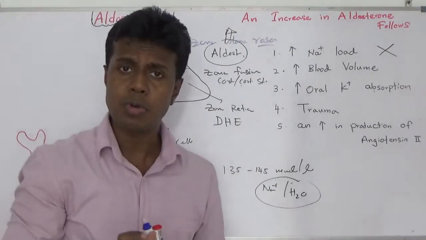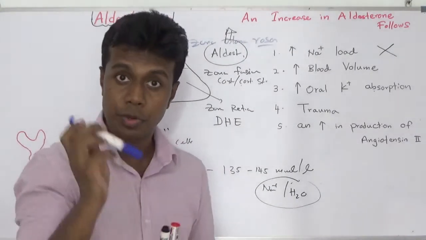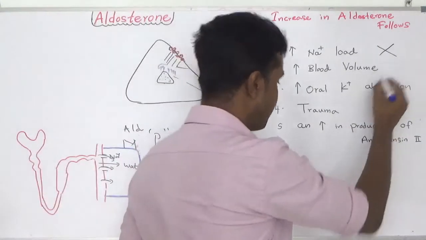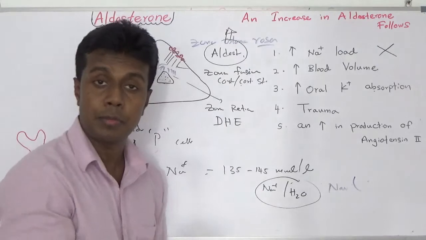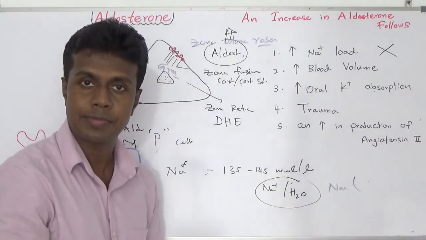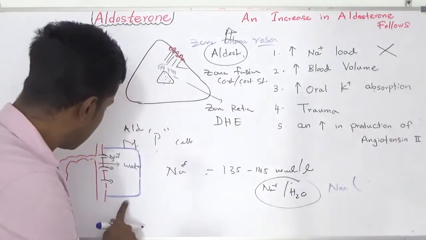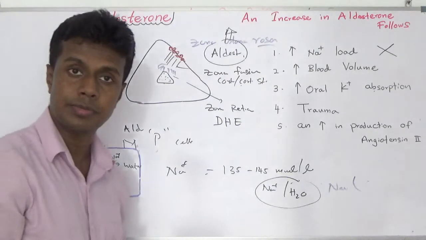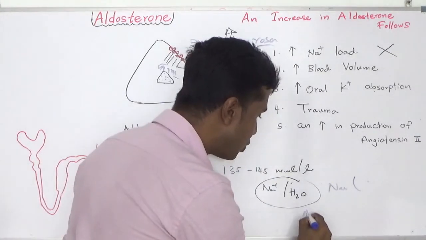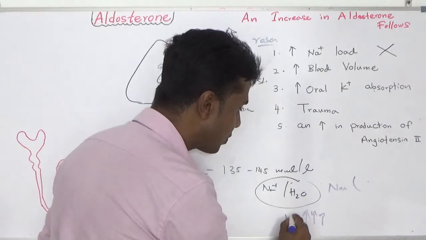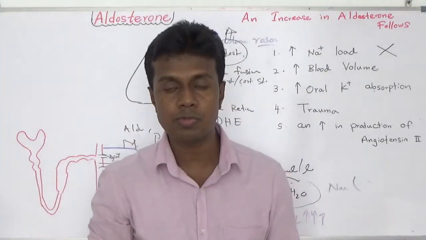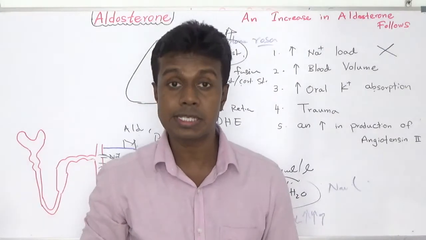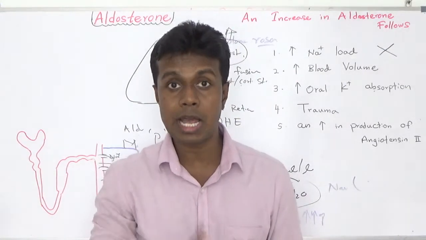Next one, blood volume. If you have a normal volume of blood right now, and I give aldosterone to your body, what aldosterone does is reabsorb sodium and water, and then increase the volume in your body. But your body resists an increase in volume. Why? This is an artificial increase. What happens then?